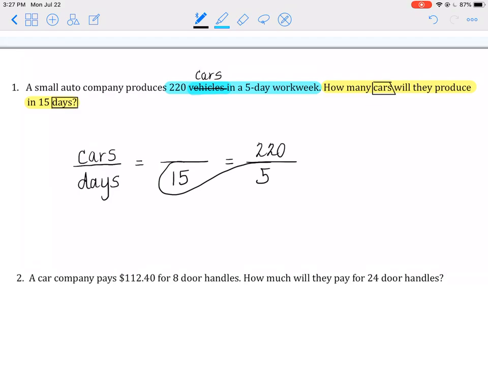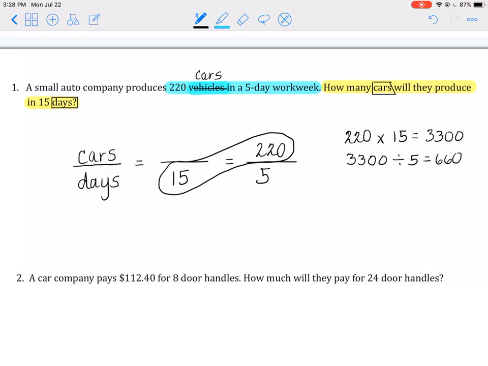So let's say 220 times 15. And you don't have to write this. I'm just writing it because I'm teaching you the class. But if you know that, you don't have to write all this down. So 3,300 divided by 5, and that is 660 cars.